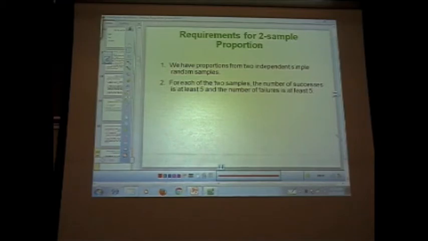So the requirements are that they be, well, let somebody else read it. Alejandro, go ahead, read. Requirements for two sample proportions. 1, you have proportions from 2 independent simple random samples. 2, for each of the 2 samples, the number of successes is at least 5 and the number of failures is at least 5. Good.